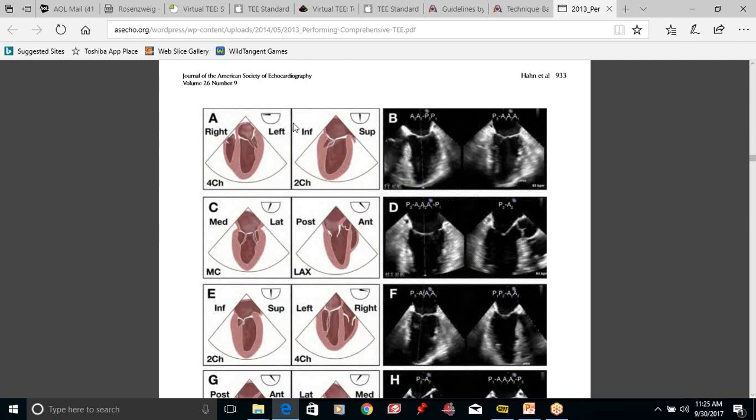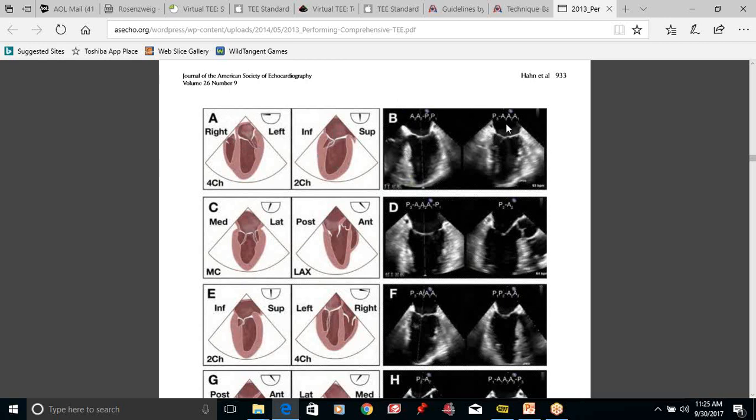So again, at 0 degrees, your left atrium is there, left ventricle is right there. You may or may not see a portion of the appendage. Right side is over there. At 90 degrees, you get left atrium, left ventricle. So this is like your 4-chamber view or 5-chamber view. Okay, mitral valve. This is the anterior leaflet, posterior leaflet.